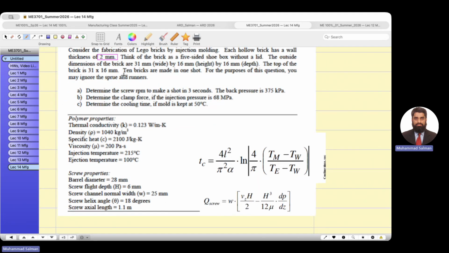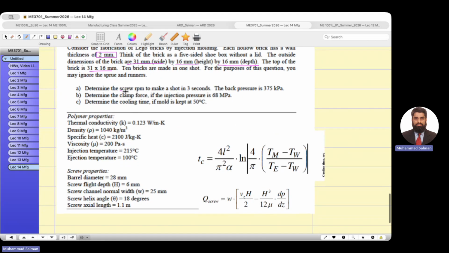The outside dimensions are given for the brick, 31 by 16, and the depth is this much. The top of the brick is this one. 10 bricks are made.